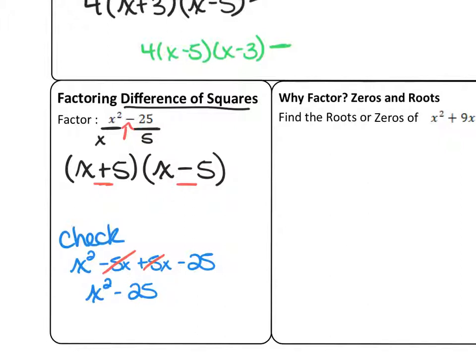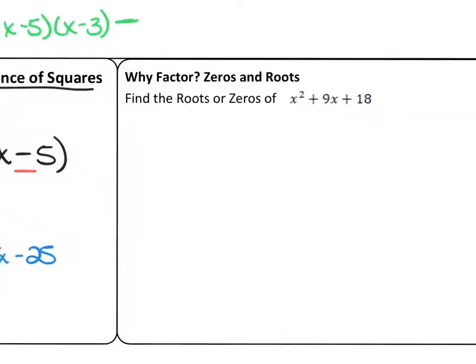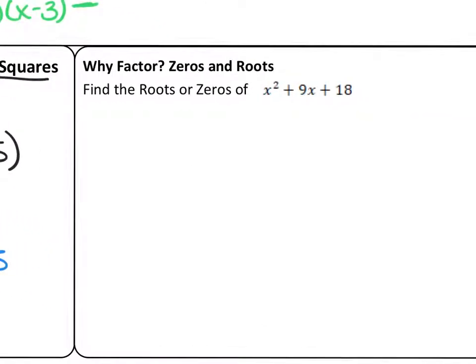Now, you might be like, hey, Jen, I hate factoring. What is the point and why do we want to factor it? The reason is because the factors of a quadratic actually tell us where the x-intercepts are. And they have a special name called the zeros or the roots.